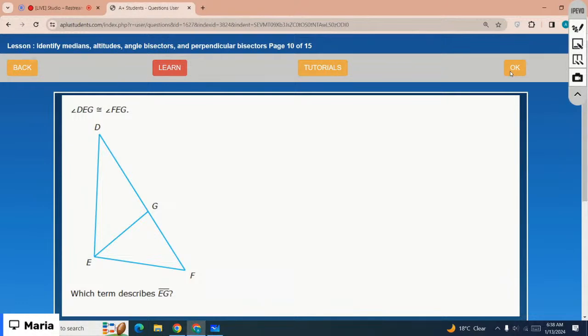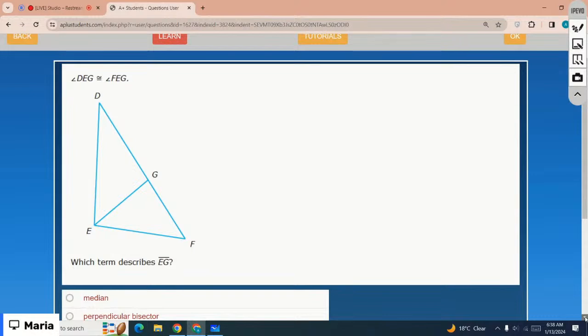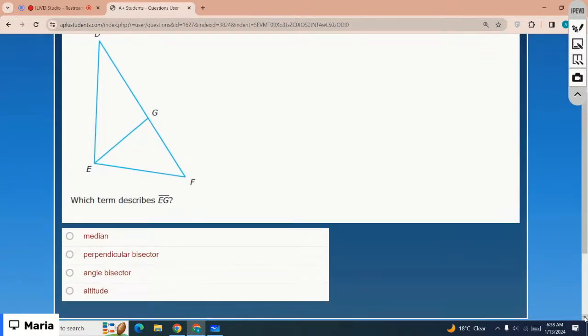Okay, angle DEG is equal to angle FEG. Which term describes EG? Which is the correct option? EG divides the angle E into two equal parts, right?